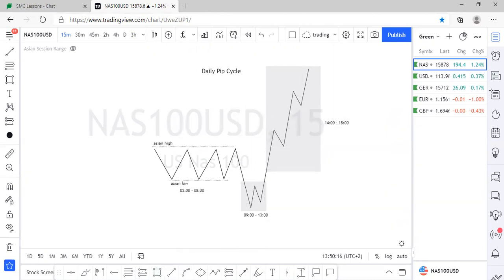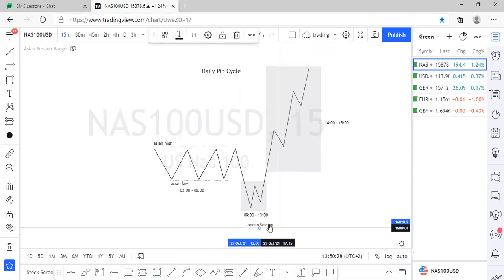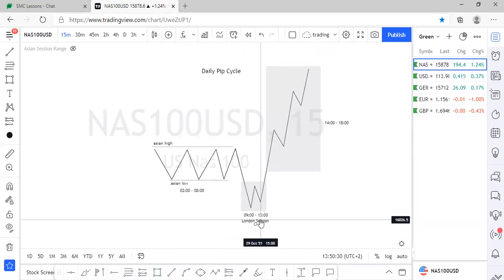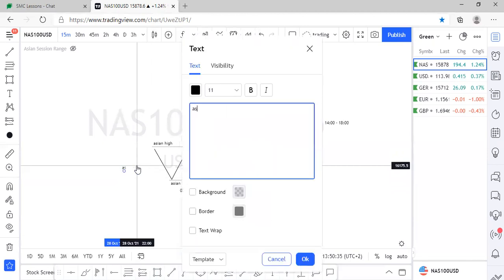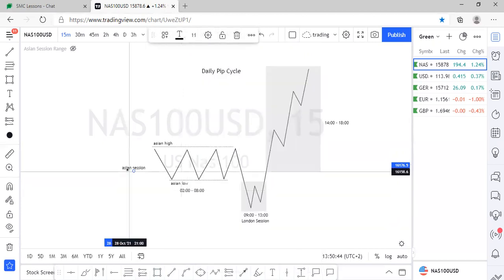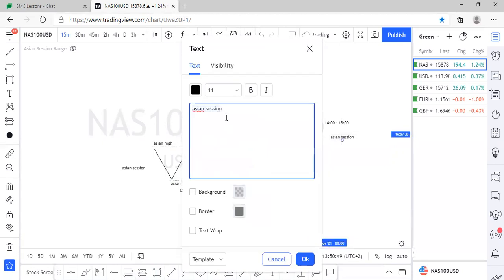So this is London, the London session, the Asian session, and the New York session.